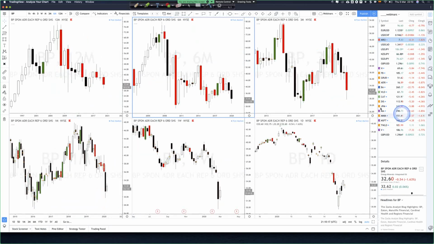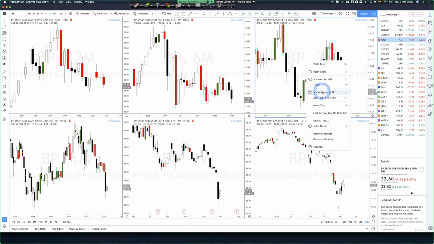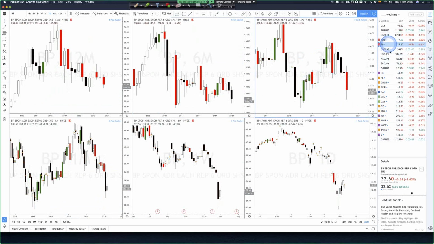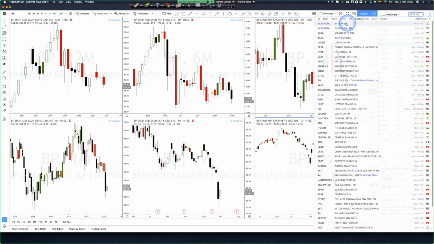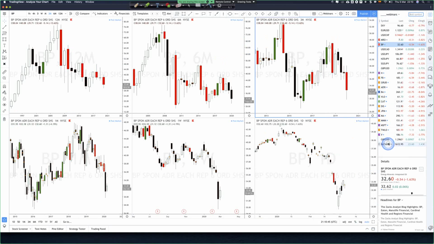I'm not jumping to the pound dollar right now, Damien, because it makes sense to look at BP since we were talking about Marathon Oil Corporation. So it's oil related. So this is BP, and then Venu suggested another one, which is Bata India. So I'm gonna put it over here, Bata India, from NSE, and I'm gonna do it right afterward. Okay, so BP.